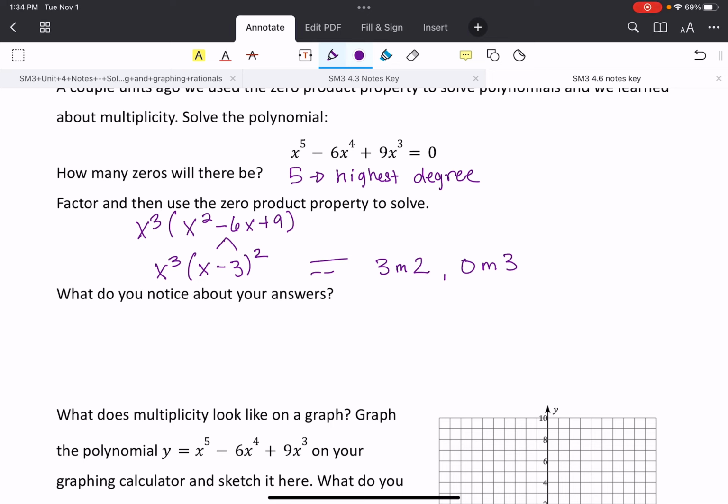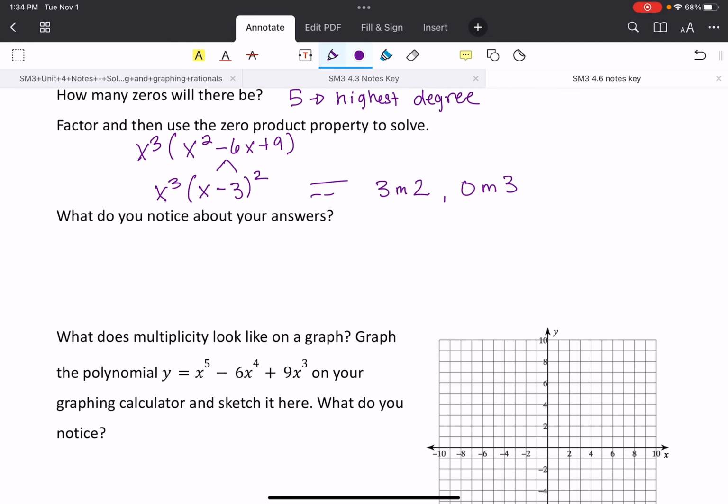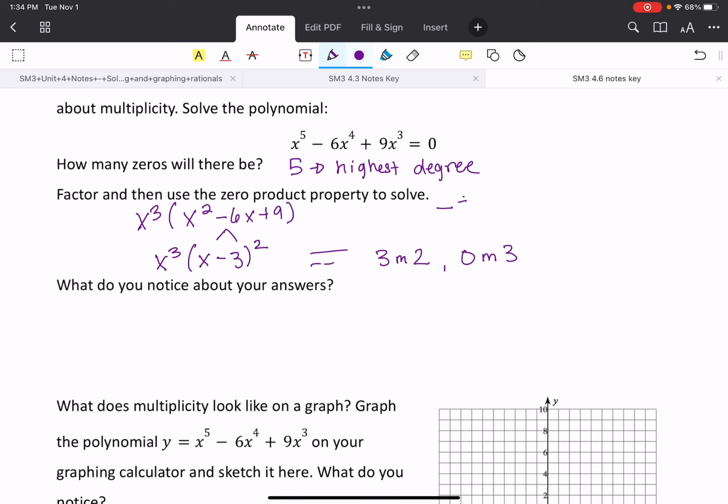She didn't show the add to negative 6, multiply to 9. Just draw the puzzle for the blank plus blank is negative 6 and blank times blank is 9. Oh, this went a little too fast.